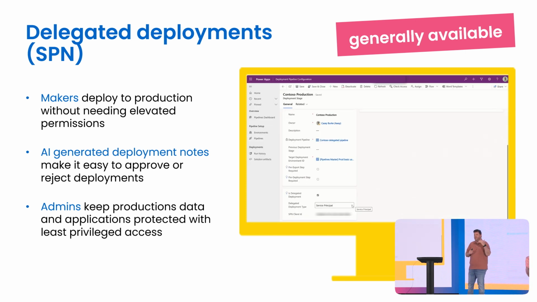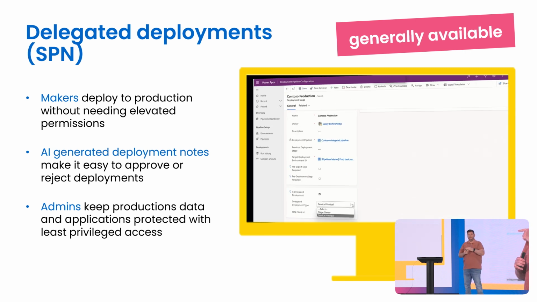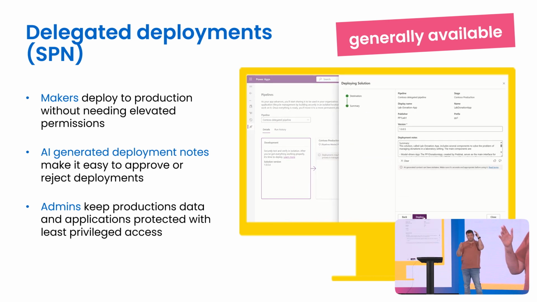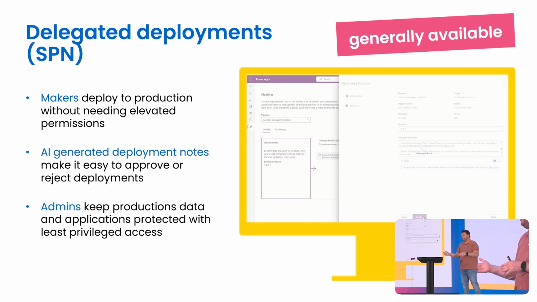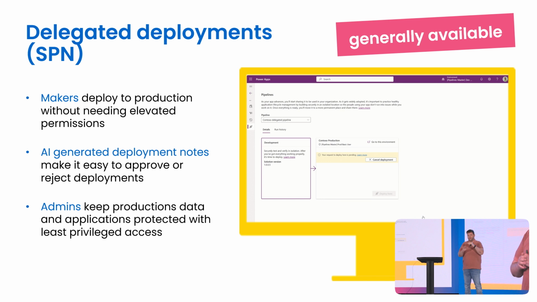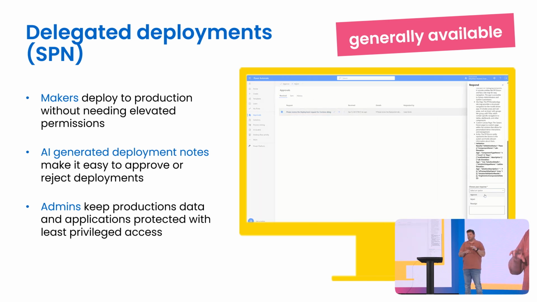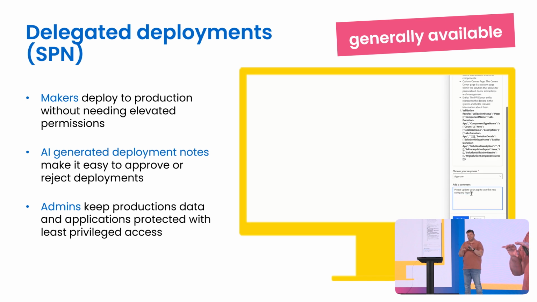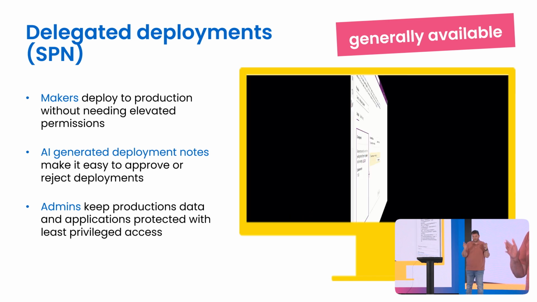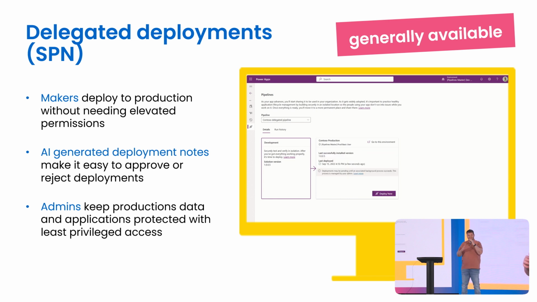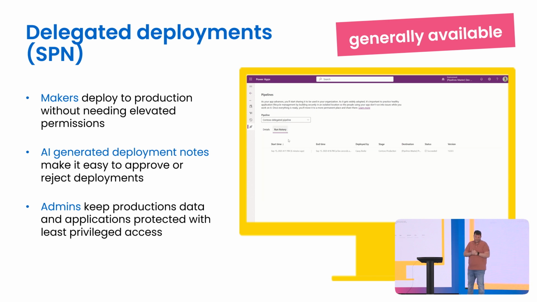With this feature, when you want to deploy it to the next environment, you can hit a button and it will show all the deployment notes, so it will show all the changes that have been done, everything that has been added, and then it will just show you an example of what is all in there. And then you can still have a human in the loop who can change it to better language or something, because AI generated language is not always the best. So you might want to change that as well.